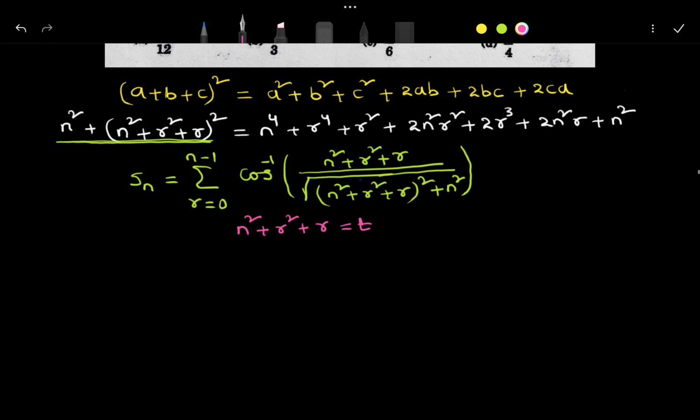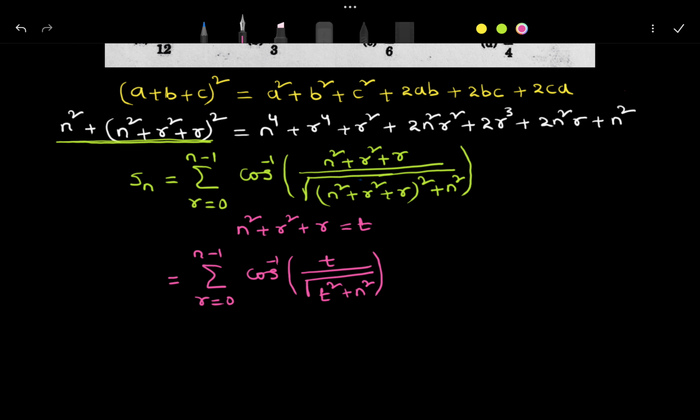So now this expression becomes the sum from r = 0 to n−1 of cos inverse of t divided by the square root of t² + n². So this is the value.